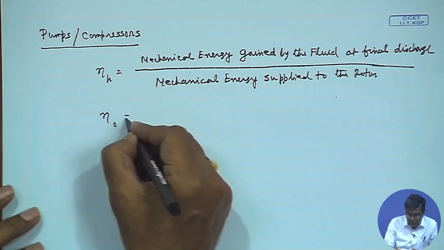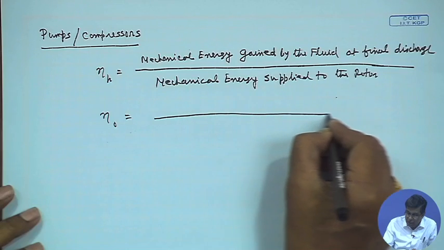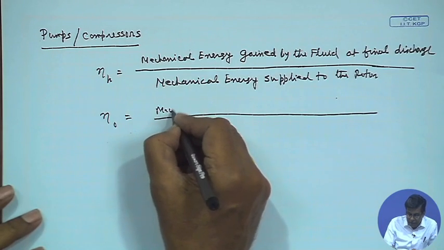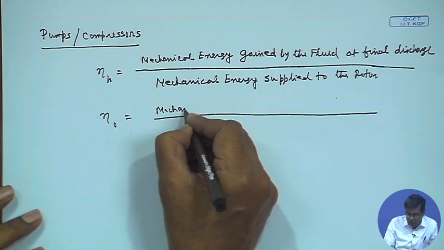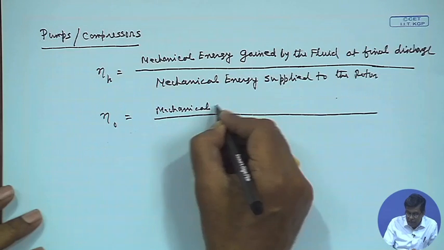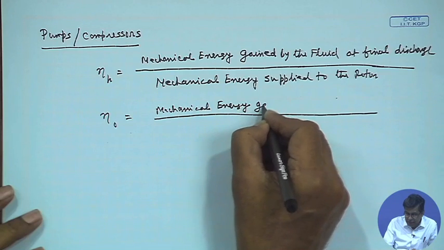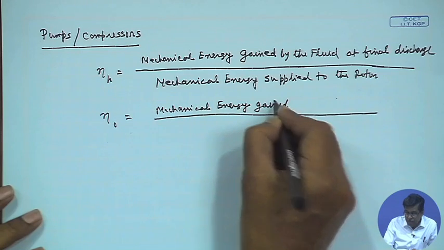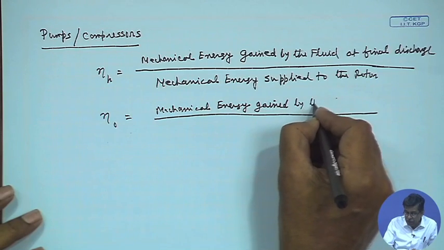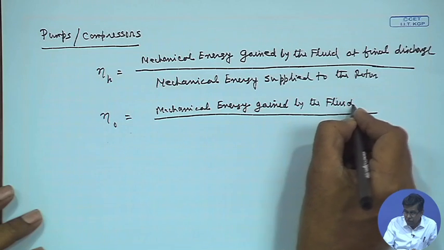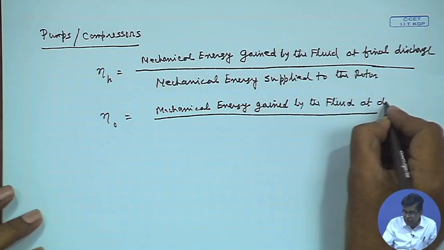That is why it is the mechanical energy gained by the fluid at final discharge. And following the similar line of thought as we discussed in the case of turbines, for the overall efficiency the output will remain the same, the mechanical energy gained by the fluid at discharge.